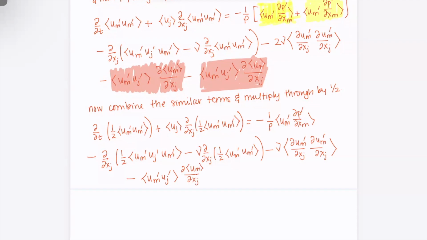Okay. And now we see that we have our TKE that shows up in a whole bunch of places.